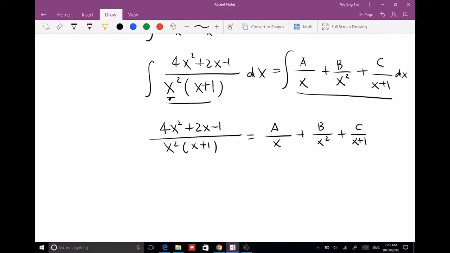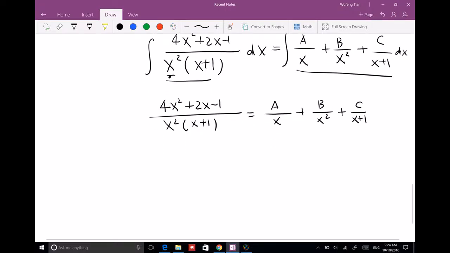Yeah. Okay, so next, what do you think I need to do? Nicholas, could you please tell me? Well, we're trying to find a, b, and c. Right. The biggest problem is the denominator, right? You have this, this, this, and this, you have denominators.